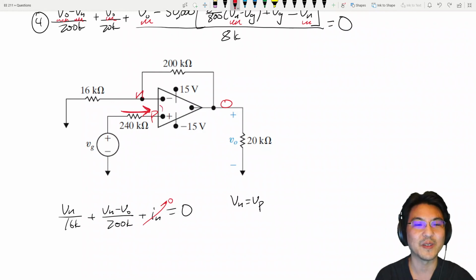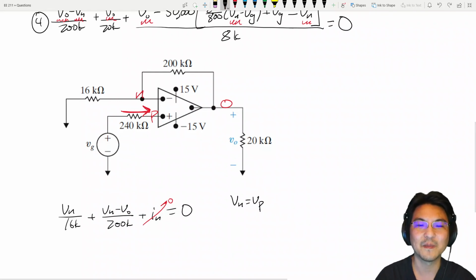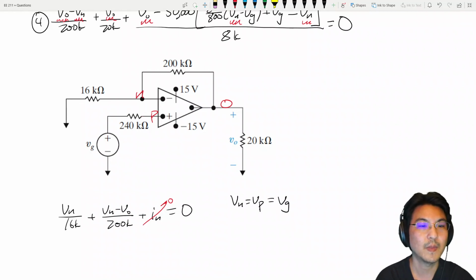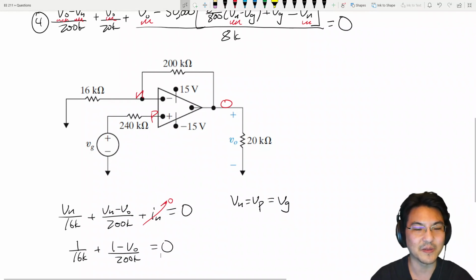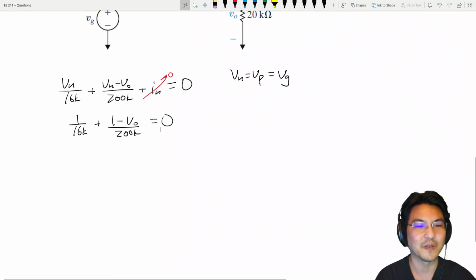So then the voltage here, Vp, is the same as the voltage here, Vg. So let me write that down. Vp equals Vg. Okay, so then see how this just goes right there. And then we're saying Vg is 1, so 1 over 16K, 1 minus Vo, that's 0.